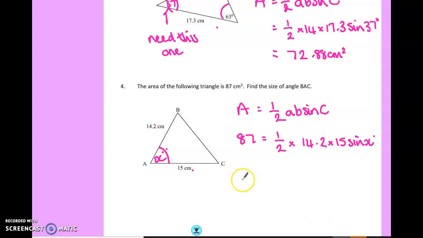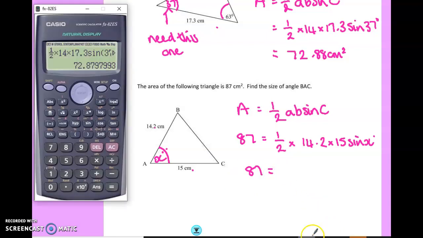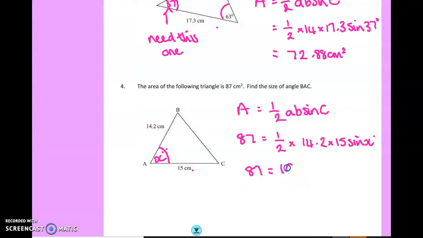Let's see if we can go from here. So that gives me 87 is equal to a half times 14.2 times 15, which is 106.5 sine x. I'm going to rewrite that the other way.